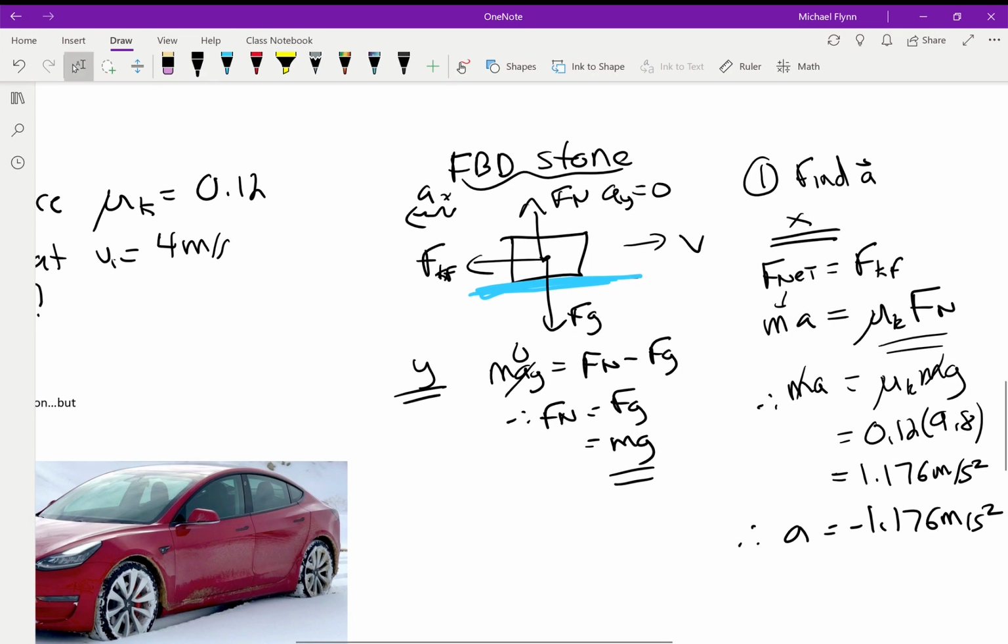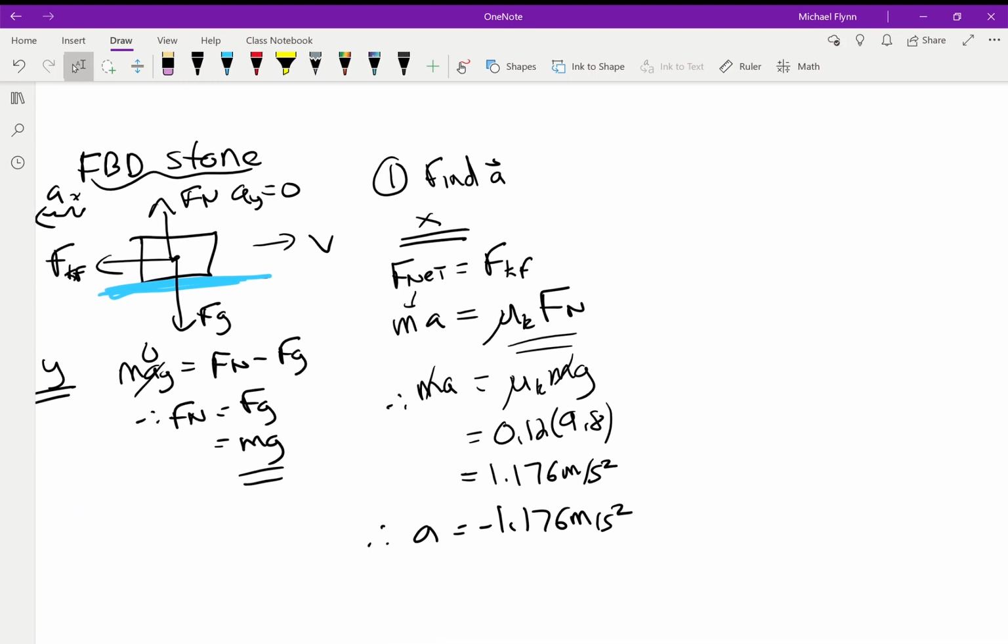Now, step two: how do we find the stopping distance? In step two, to find the stopping distance, you go like this. V1 equals 4 meters per second.